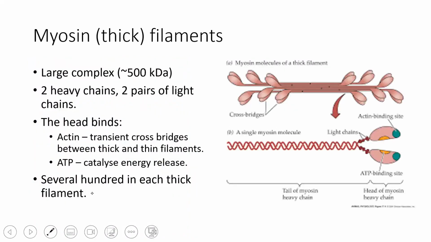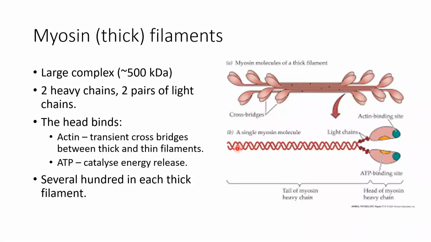Now we will look at each of the fibers. First, we have the myosin filaments or the thick filaments. They are large complexes weighing about 500 kilodaltons. If you take one thick filament, it has many myosin molecules.